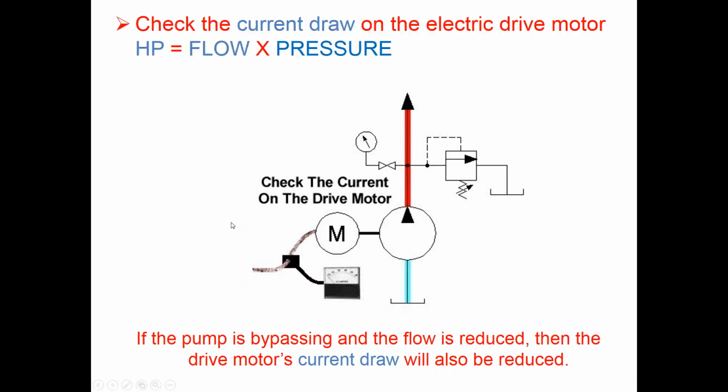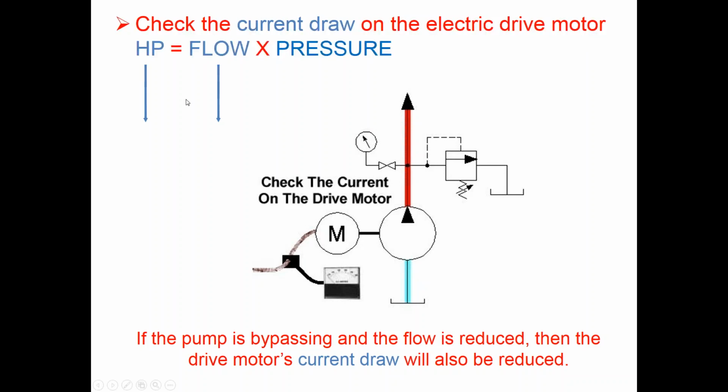And as we all know, it doesn't take nearly as much power to turn a worn out hydraulic pump as it does to turn a brand new one. So when a pump is badly worn, its output will be reduced. Even though it may be maintaining pressure in the system, its flow might be reduced. So if the flow drops, then of course the horsepower is also going to drop.